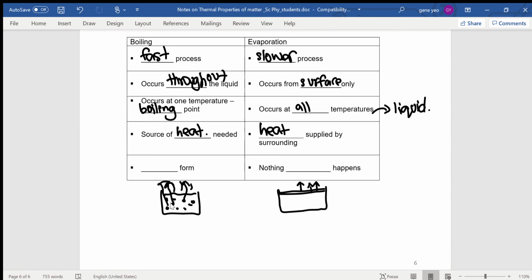Usually when we want to boil something, we need a flame, a specific heat source, whereas evaporation takes the heat from the surroundings. In boiling, bubbles usually form, whereas in evaporation nothing visible happens.